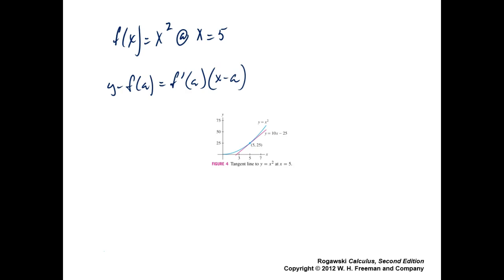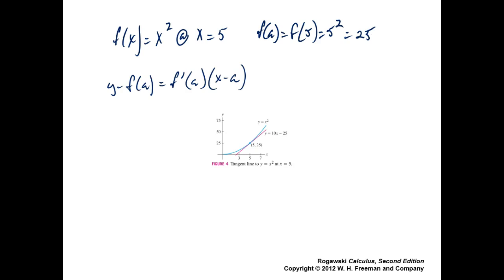Up there it's called the 5. What's it called here? A. That's your a. So let's fill in the pieces we can. f of a would then be f of 5, which would be 5 squared, which is 25.